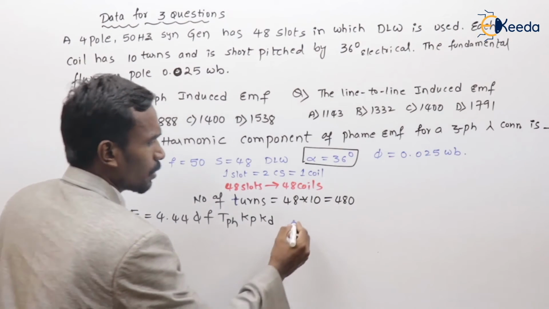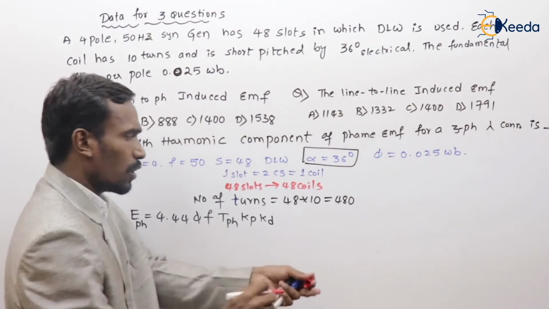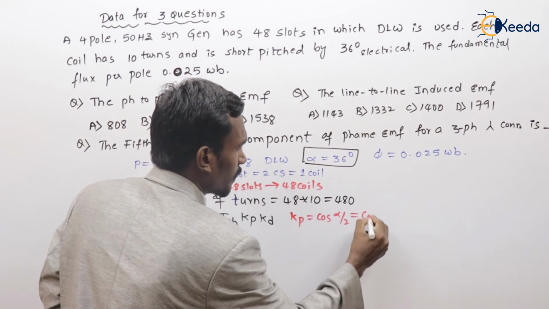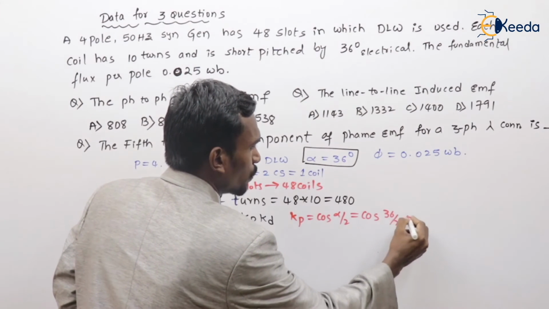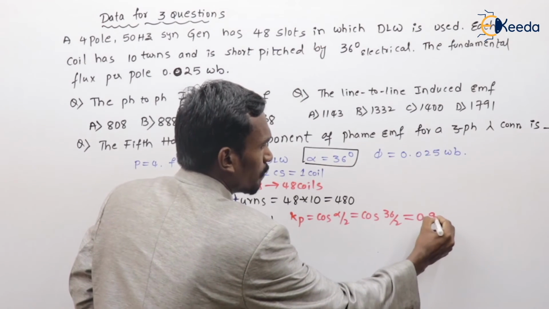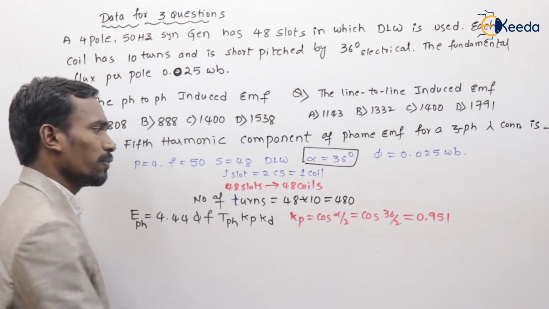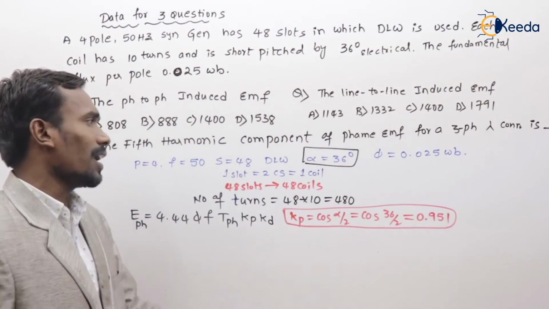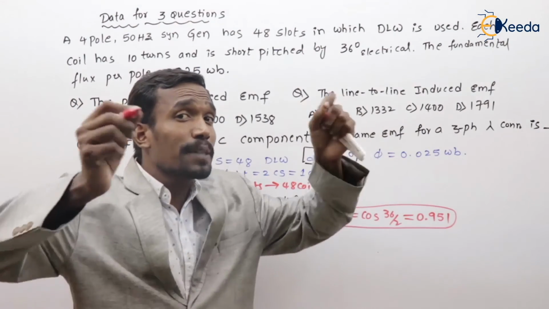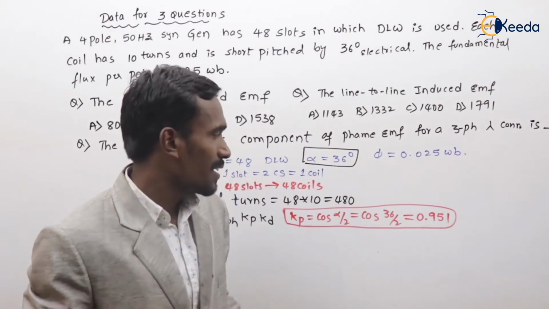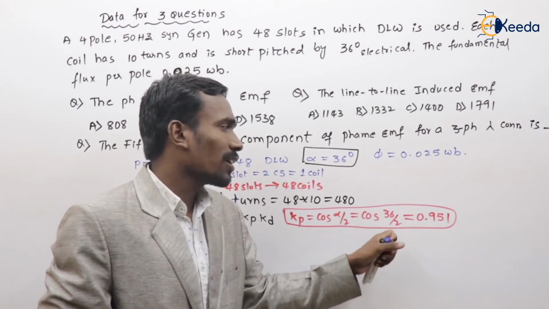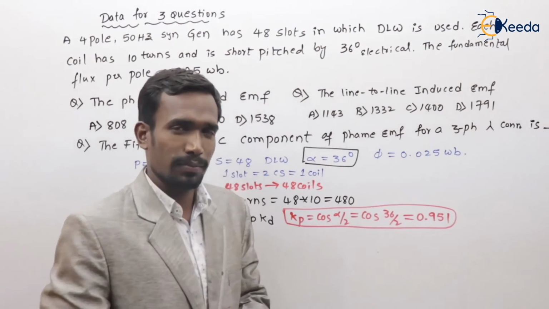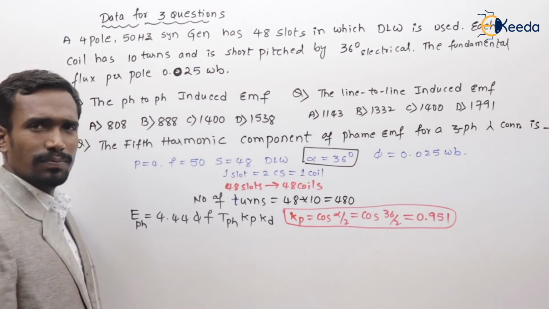Kp is equal to cos alpha by 2, nothing but cos 36 by 2, which is 0.951. Alpha they gave is short pitched by 36 degrees. 36 by 2 is 18, cos 18 is 0.951. You have to remember this value.